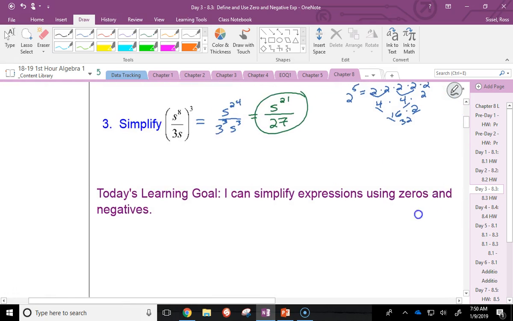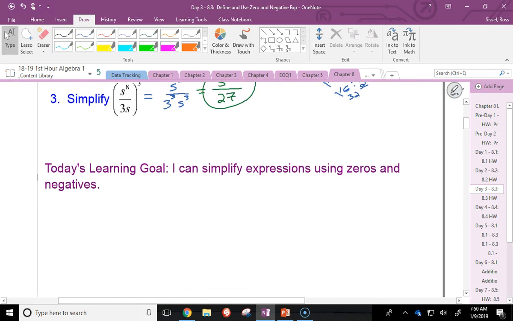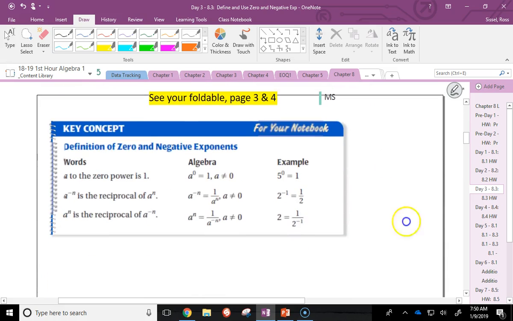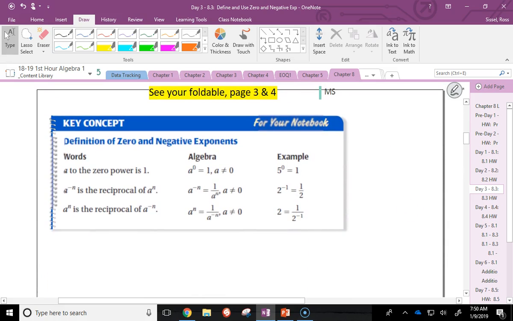Today, our goal is that I can simplify expressions using zeros and negatives. If you look at your foldable, page 3, 4, I like foldable. Pull out this little guy. Page 3, 0 exponents is on the bottom, and they tell you right away that a, so any number, to the 0 power equals 1.